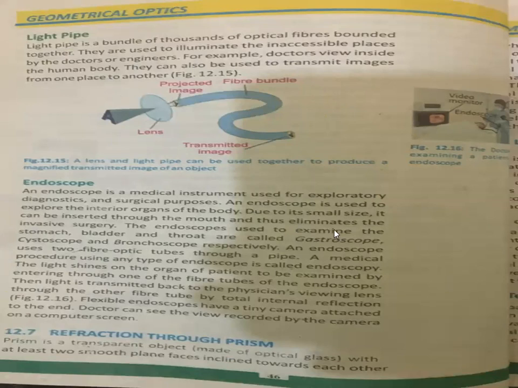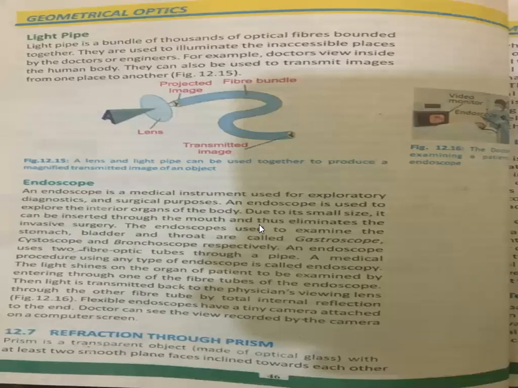Endoscopes are basically of three types. The endoscope used to examine the stomach is called a gastroscope. The endoscope used for examining the bladder is called a cystoscope, and the endoscope used to examine the throat is called a bronchoscope. Whether we are examining the stomach, bladder, or throat, this process is called endoscopy.